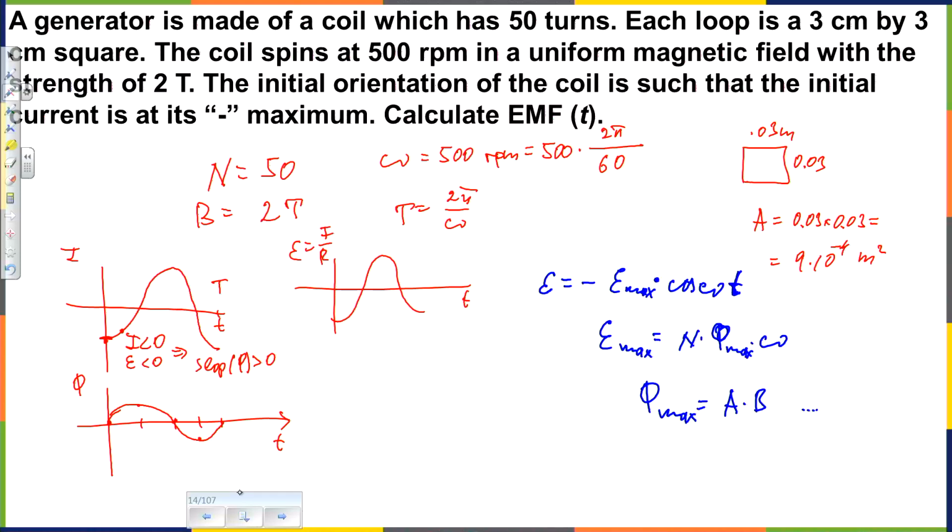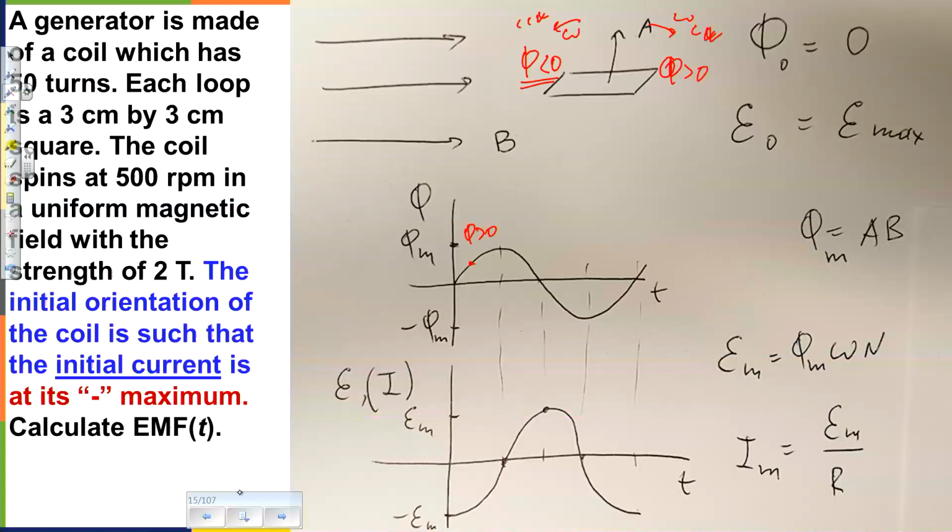I know that current is negative. I know initially this coil will spin, what did you say, clockwise? Yes. That's not the current, that's the area vector.